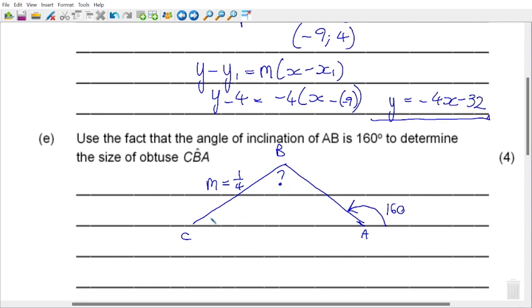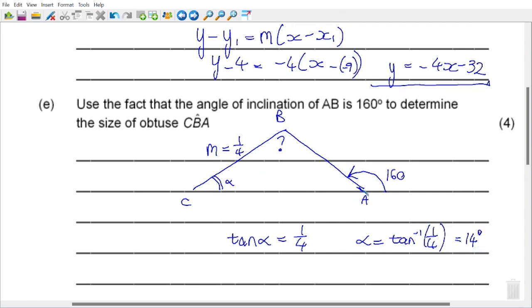What we are able to find now is this angle over here. I'm going to call it alpha. So the tan of alpha is actually 1/4, which means that alpha is shift tan, undo tan of 1/4, and that comes to 14 degrees. Now what we know is that this angle here, 160 degrees, is the angle we're trying to find, which is CBA, plus alpha, which is 14 degrees.